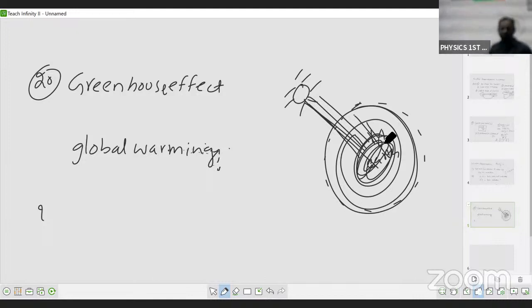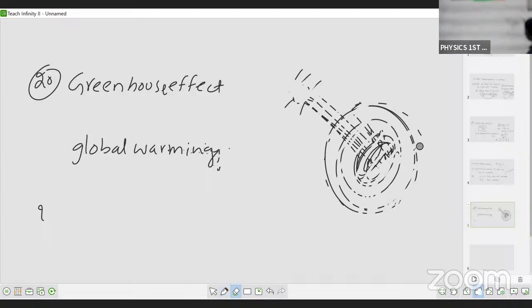That is the greenhouse effect. Global warming is the effect of this: the process of rising average temperature of the Earth's atmosphere. Every 10 years, 5 to 7 degrees Celsius temperature increase.